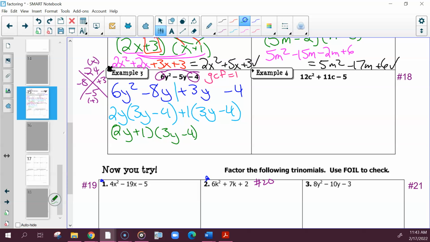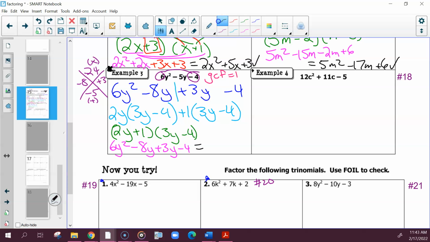Okay, let's distribute. 2y times 3y would give us 6y squared. 2y times negative 4 would give us negative 8y. 1 times 3y would give us positive 3y. 1 times negative 4 would give us negative 4.